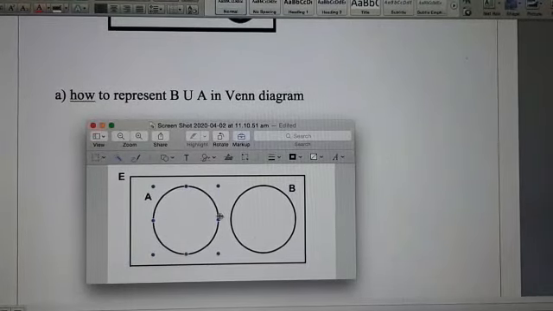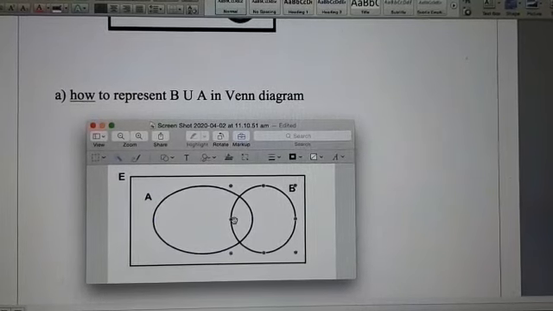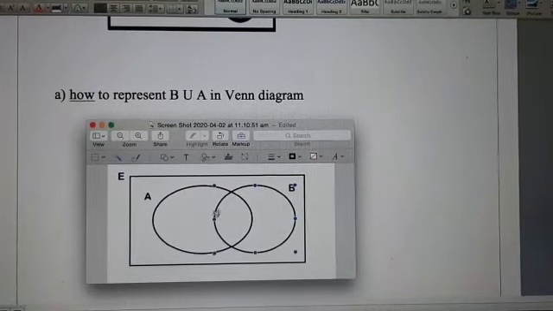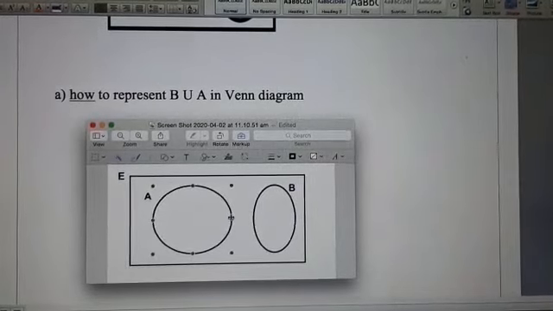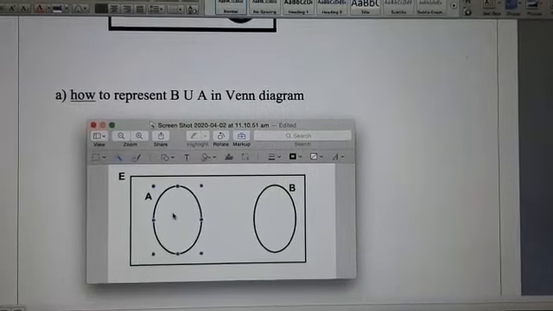The previous example was when the set A and the set B were overlapping. This part is the overlapping part. Now the case when the circles A and B, which represent two subsets, are not overlapping, they are separate. When you have to shade B union A, the case will be the same.